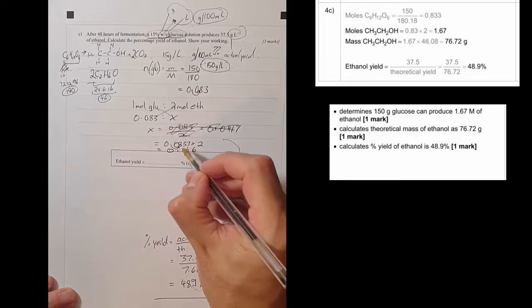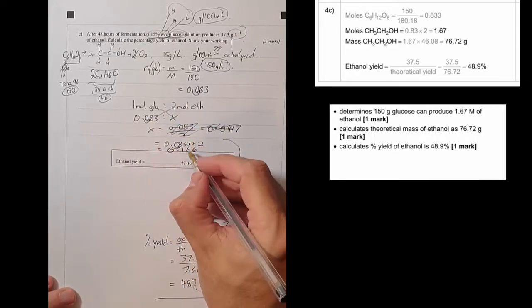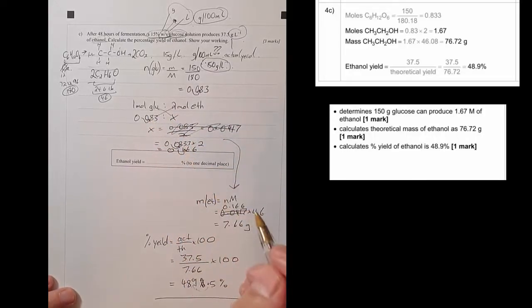So bring that back to there, and that back to there. Get that to 76. And then you've got 48.9. So that will round up to 49.0. I've actually got 49.0, so there's also a round off error there.